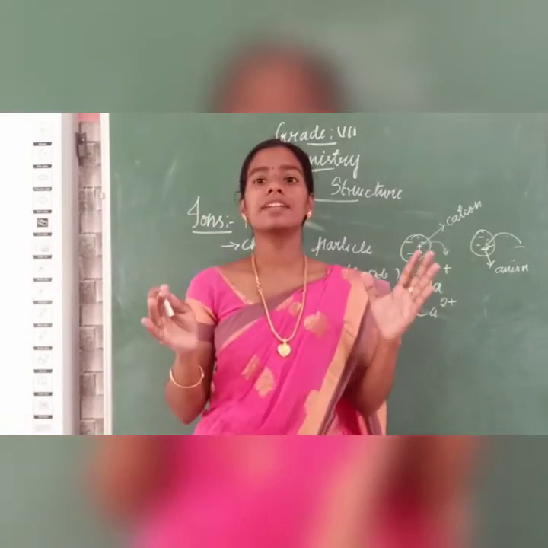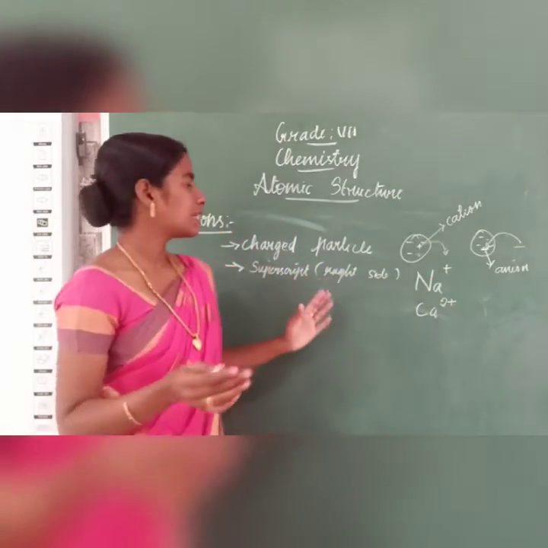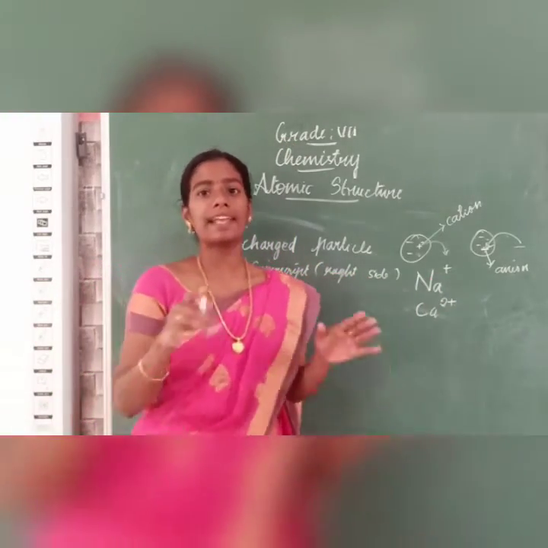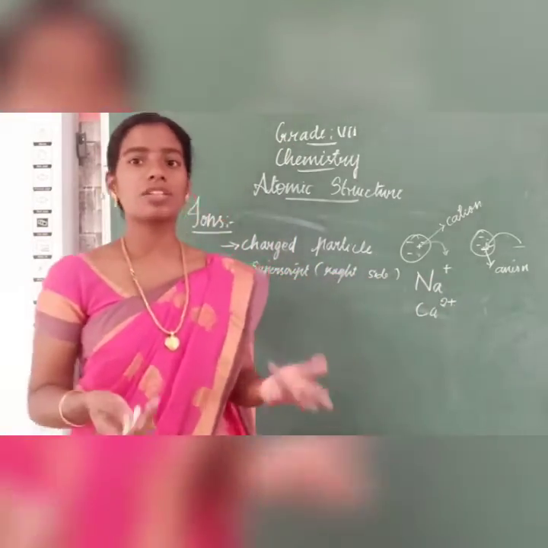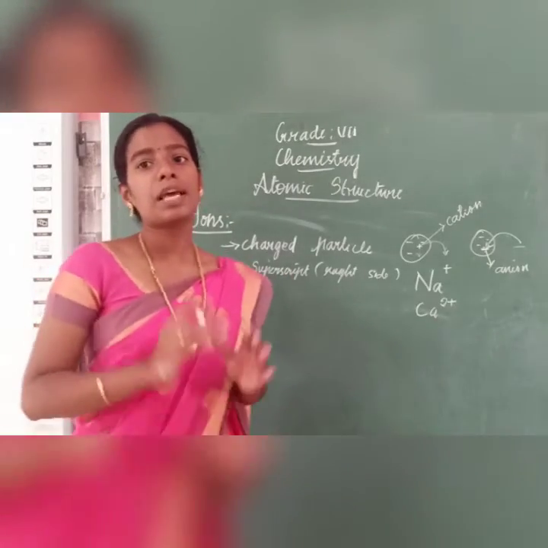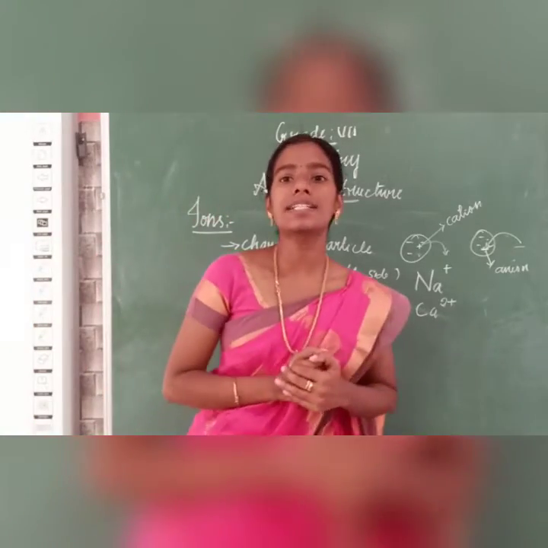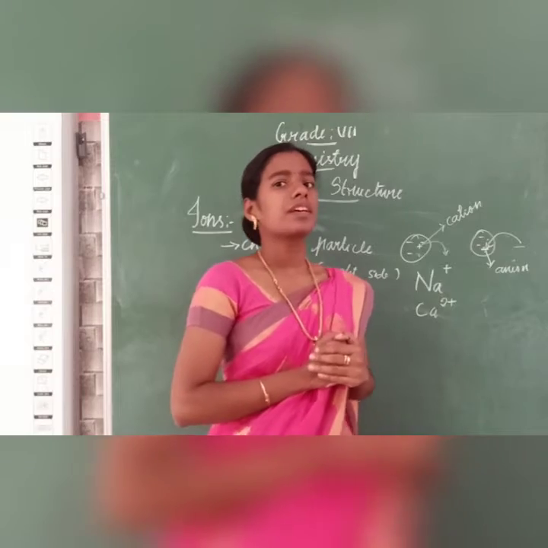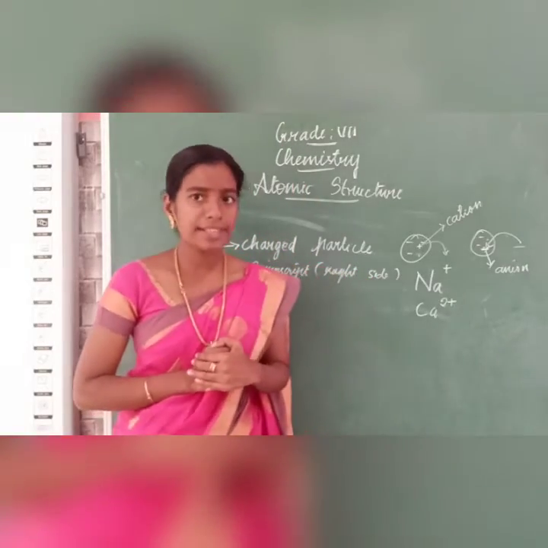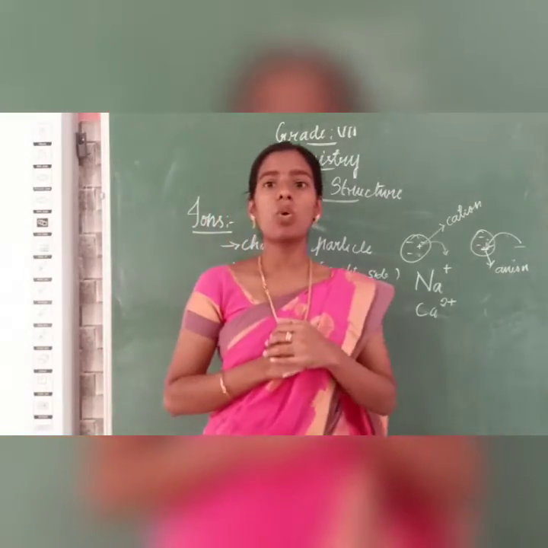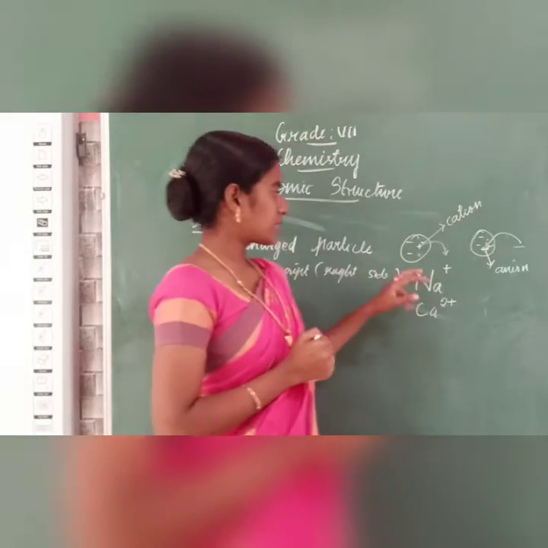When an atom is losing or gaining an electron, or 2 electrons or 3 electrons, it is becoming a charged particle. When an atom loses an electron, what is it called? See this.